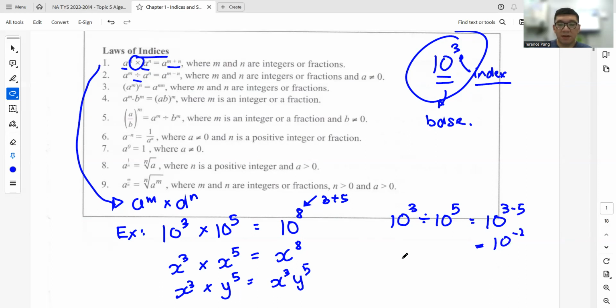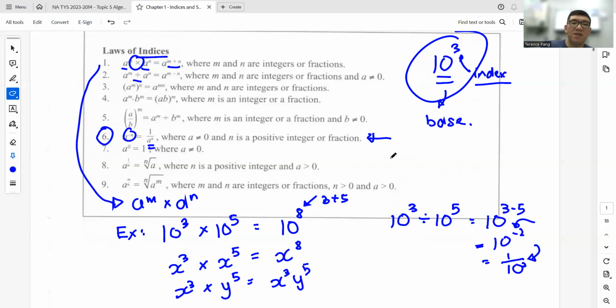This can be expressed as 1 over 10 to the power of 2 because of the minus sign. That comes from law number 6, where a negative index gives you an inverse in terms of a fraction. So 10 to the power of minus 2 can be written as 1 over 10 to the power of 2.